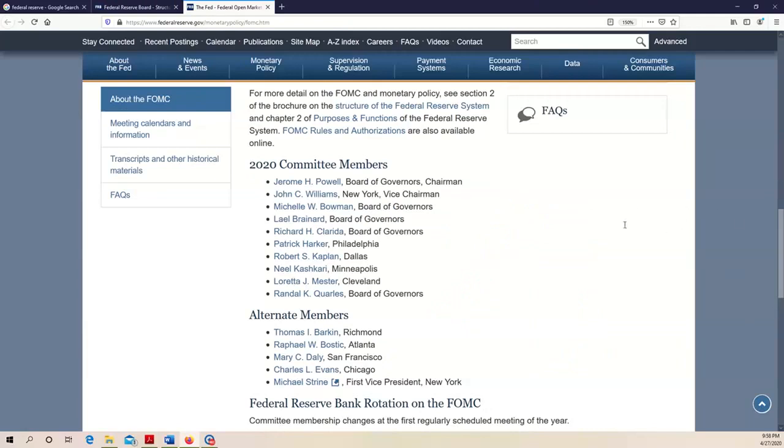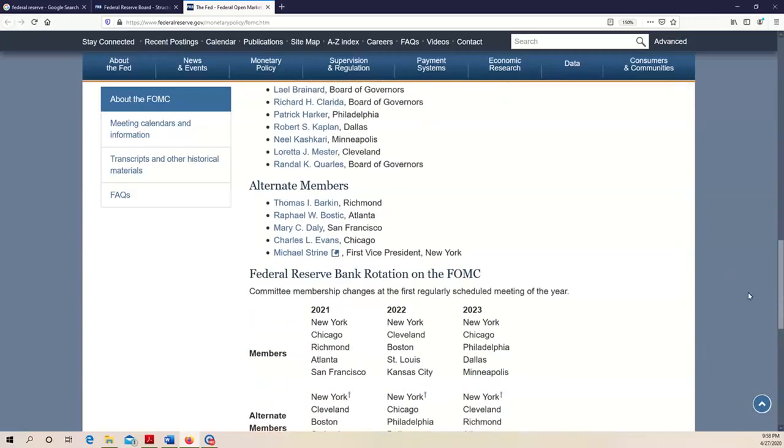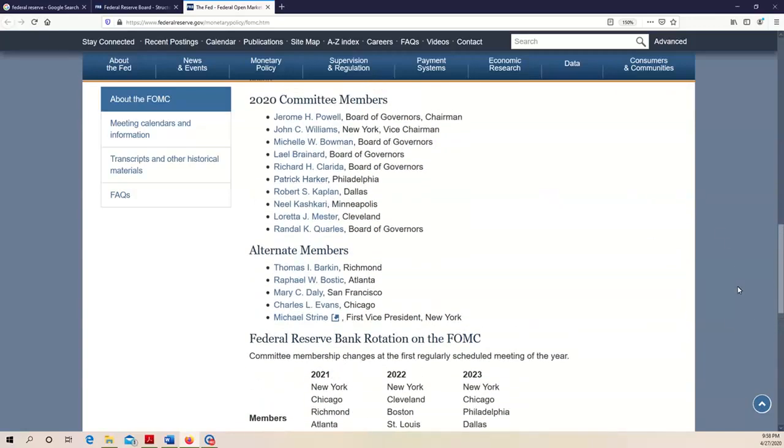So now, in 2020, the committee members are all the board of governors and the New York regional bank president, plus Philadelphia, Dallas, Minneapolis, and Cleveland, 4 more. For the next meeting, since regional bank presidents serve on this committee on a rotating basis, the presidents of Richmond, Atlanta, San Francisco, and Chicago are going to be the FOMC members.